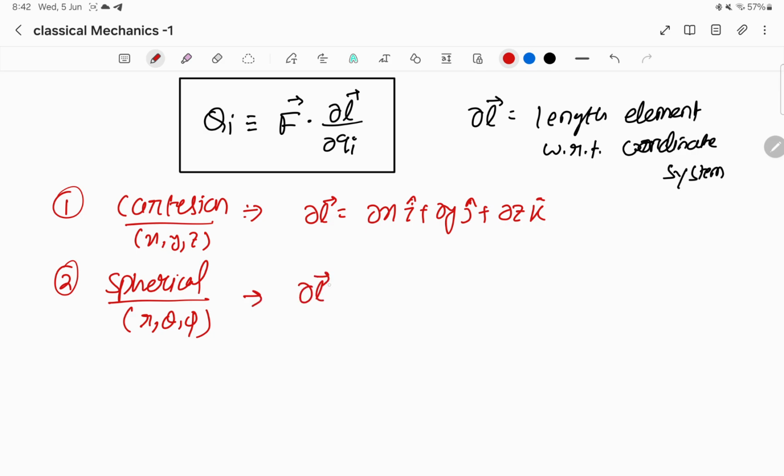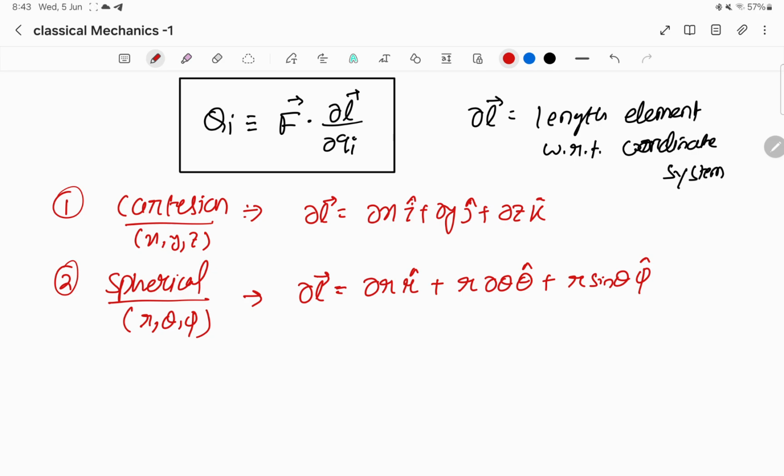So dou L will become dou r r cap, r dou theta theta cap, r sin theta dou phi phi cap. You might be wondering, what is this r dou theta, r sin theta? These are the scale factors. I will talk about it.